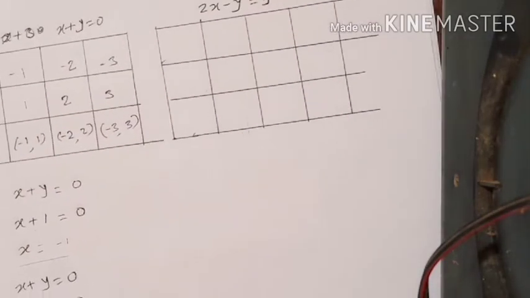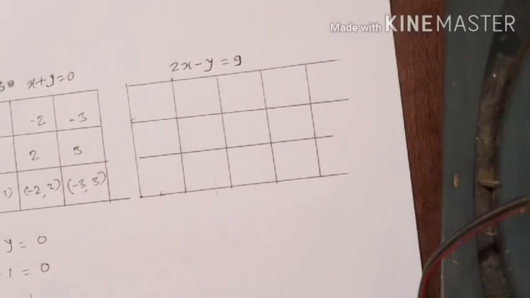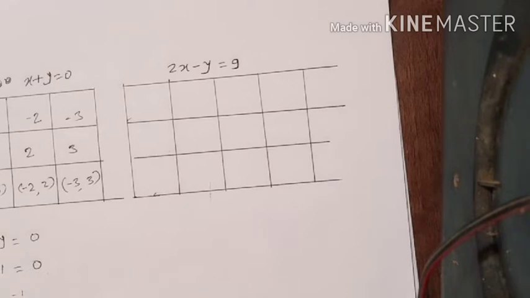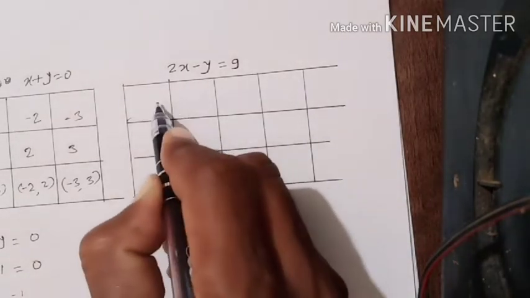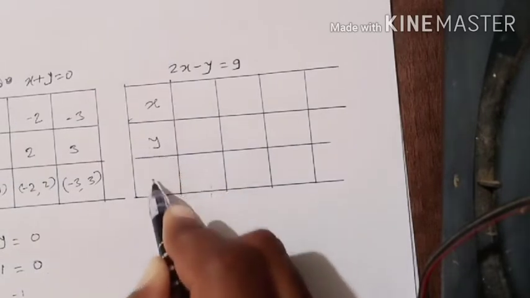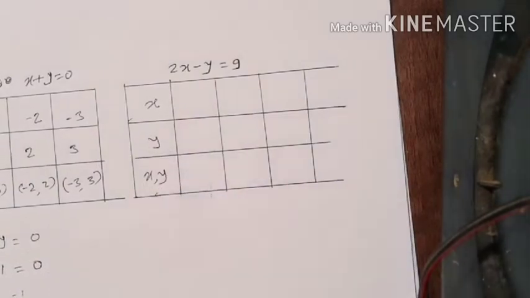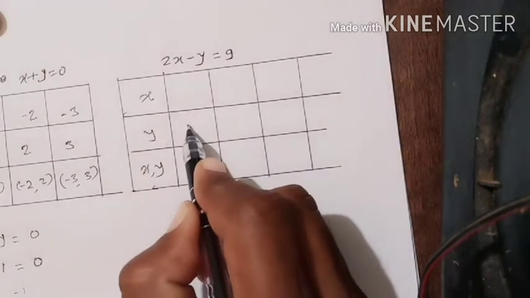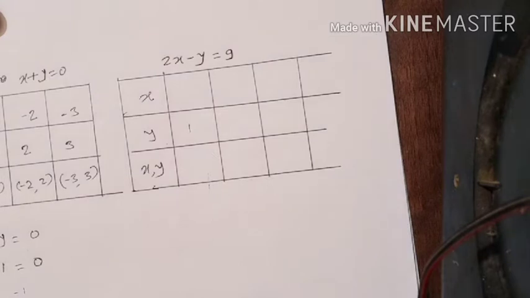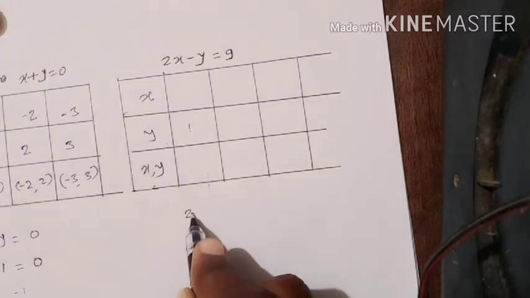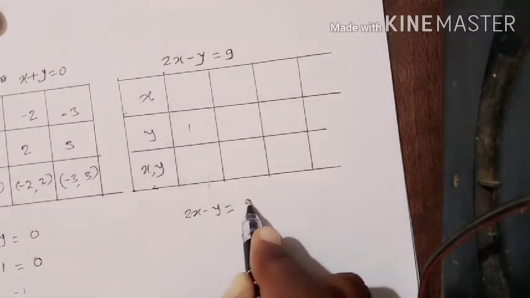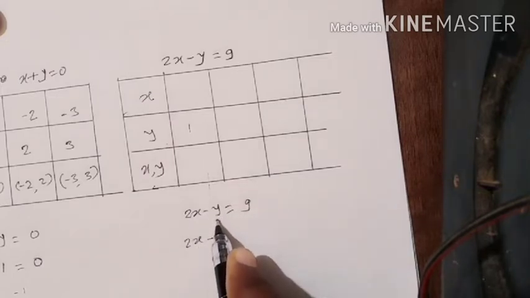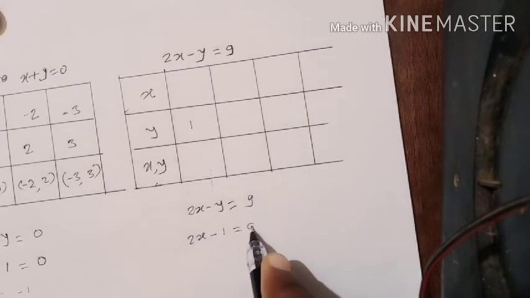Now we will see the second box, and the second box is for the equation 2x minus y is equal to 9. Here you have to write x, y and (x, y). Now we will put the value of y, that is 1. Now the equation is 2x minus y is equal to 9, and 2x minus the value of y, which is 1, is equal to 9.